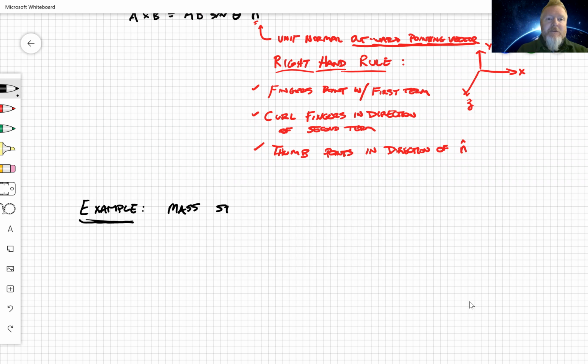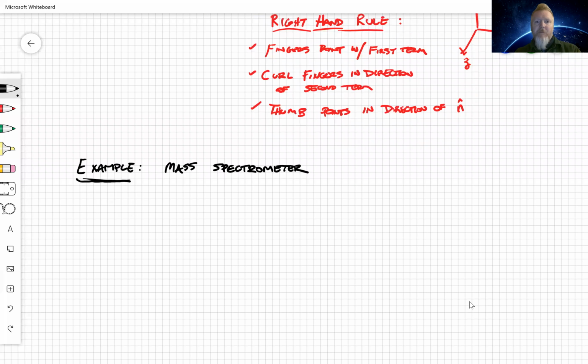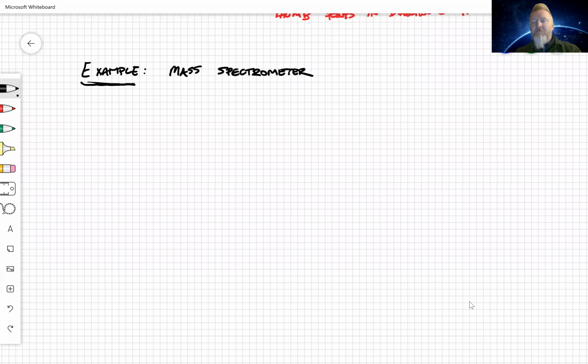The mass spectrometer is an instrument that separates, basically, materials like ions based on their masses.